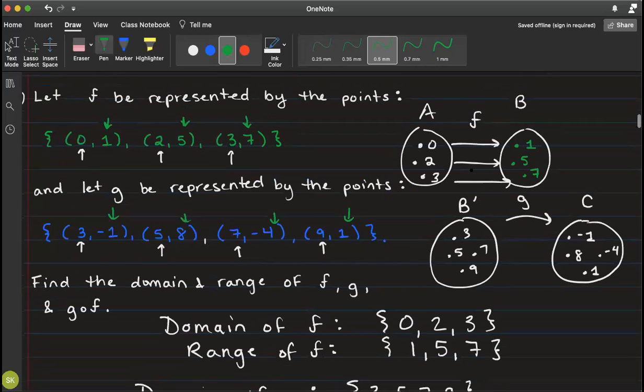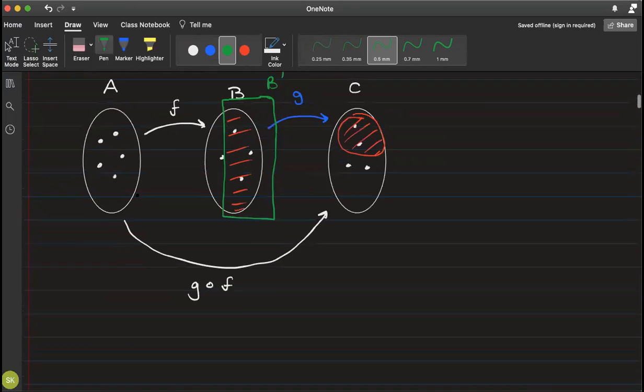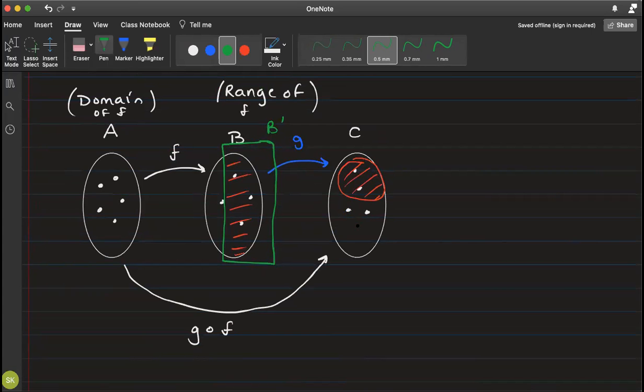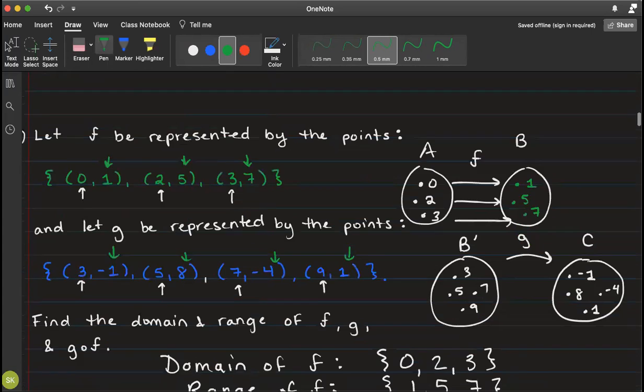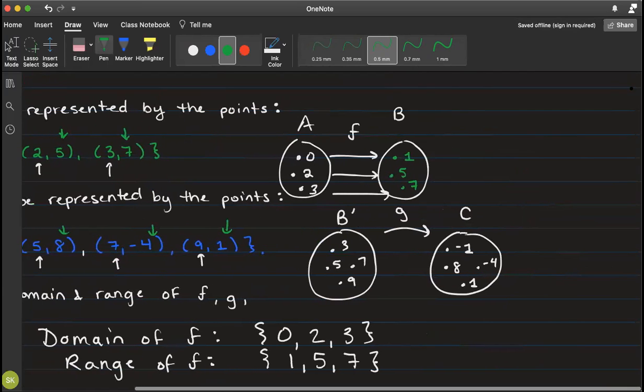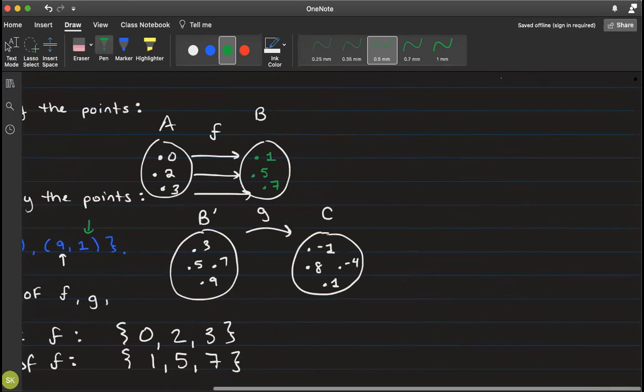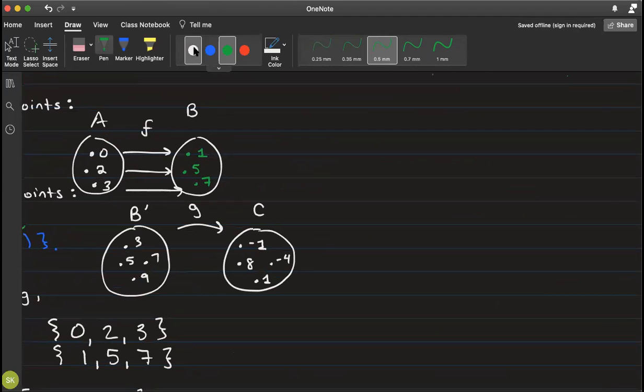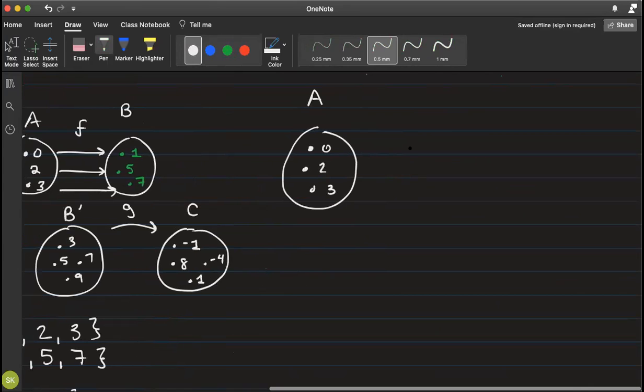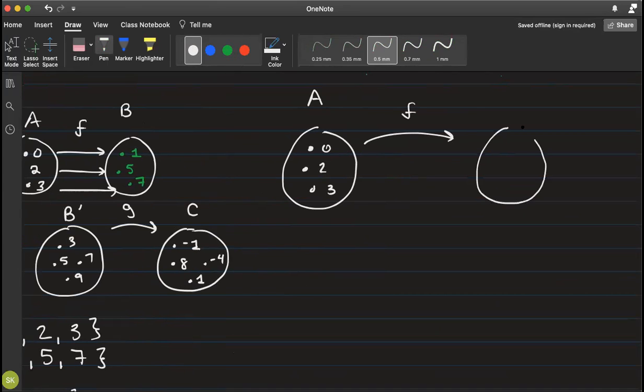Now I'm going to go back to this picture here, and I'm going to do what I did here with our example. So let's draw this picture somewhere over here. Let me get myself some space. So we have the set A, which is 0, 2, and 3. Through f, we get sent to the set 1, 5, and 7.